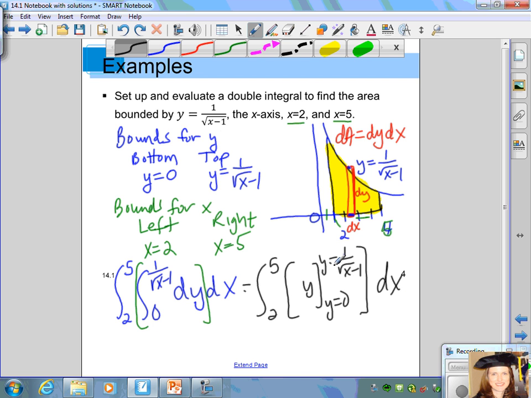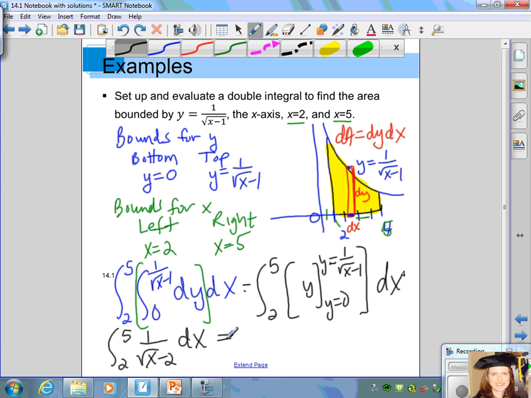When you plug in the upper bound, you get the integral from 2 to 5 of 1 over the square root of x minus 1, dx. When you plug in the lower bound, y equals 0, you get 0. So we end up with this single definite integral.